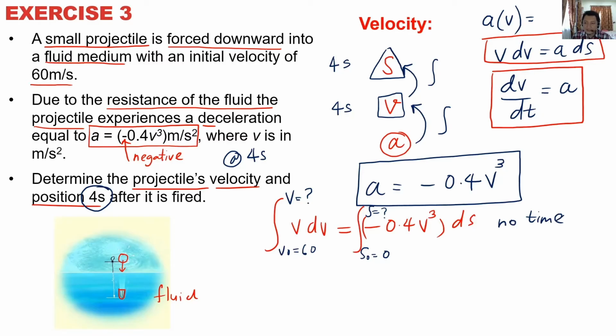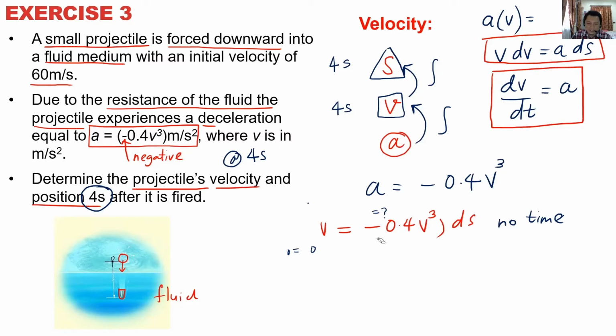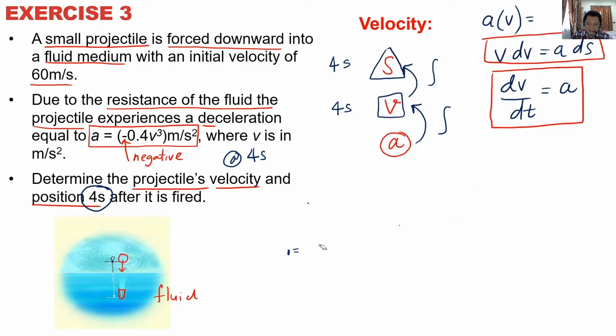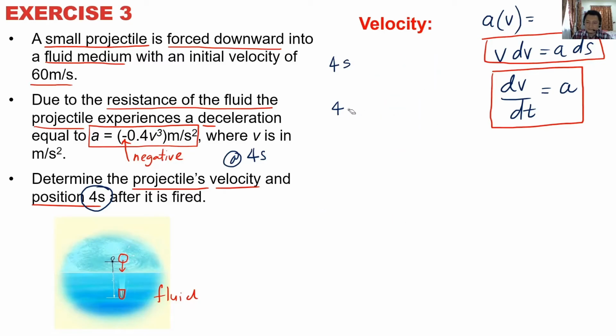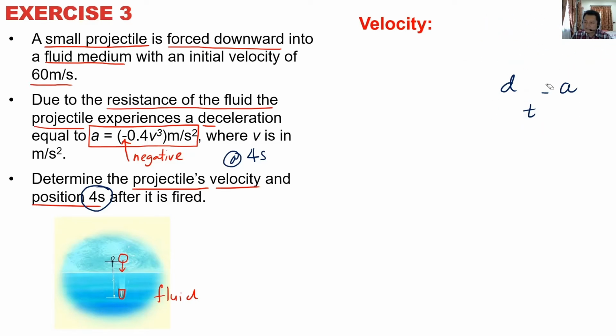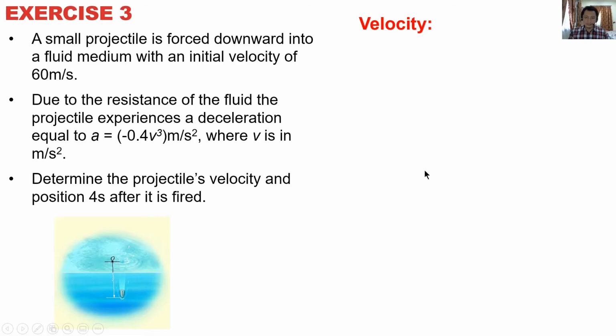Maybe we need to do another way. So let's try to do it another way. Let's remove this one. Try another method. Maybe this one cannot be used. Alright, so let's try the other method.